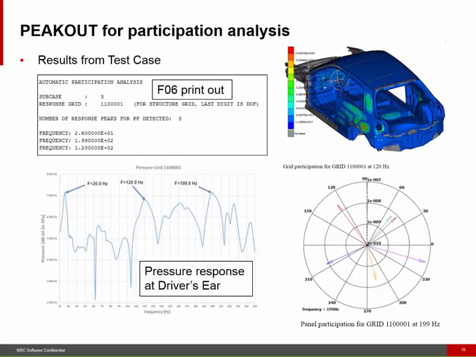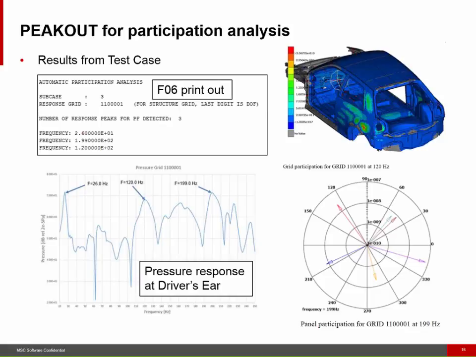And you can take a look at the results from this test case. In the F06 file you will get a confirmation of the peaks that were found by the automatic peak extraction. In this case it's 26, 120 and 199 Hertz.